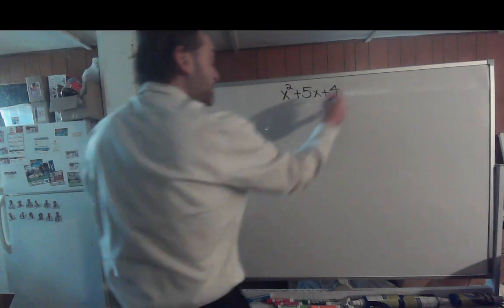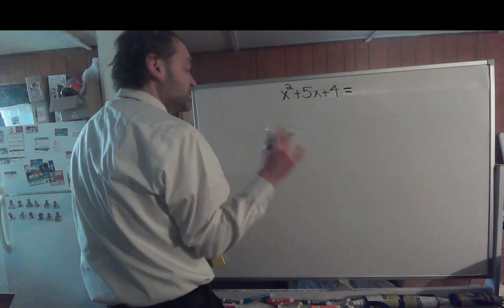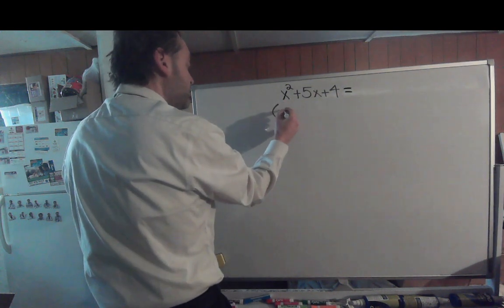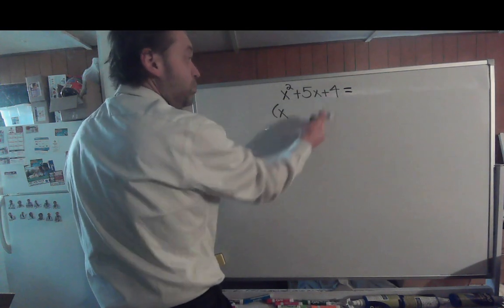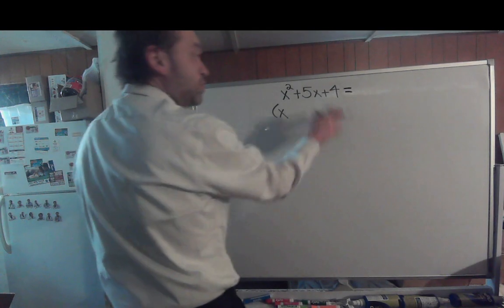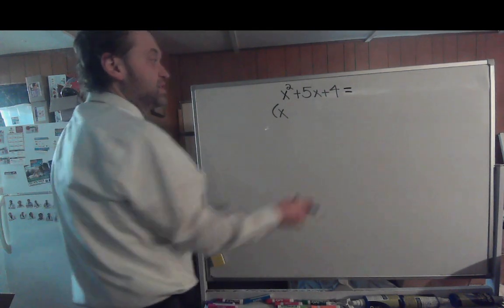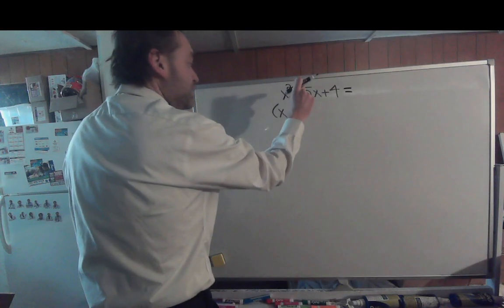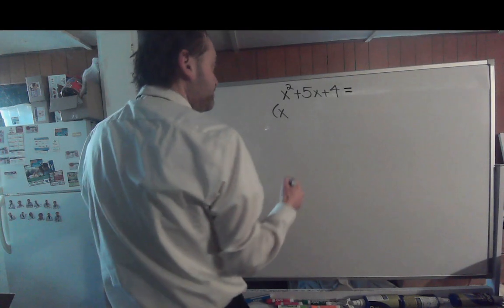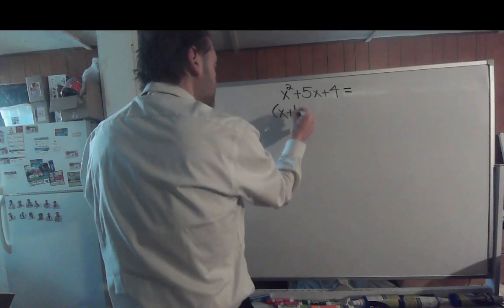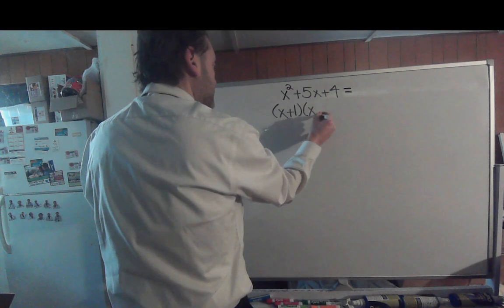So right there, we can stop. How's this going to work? You're, of course, going to have a quantity of x. Then we said 1 and 4, we only have to worry about positive factors since the sign on both the middle and last term is positive. So you'll literally just take x plus 1 times the quantity of x plus 4.